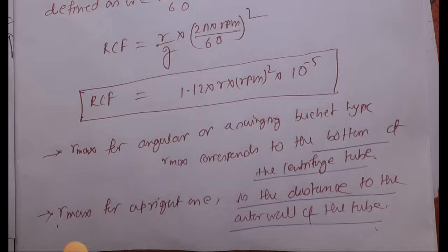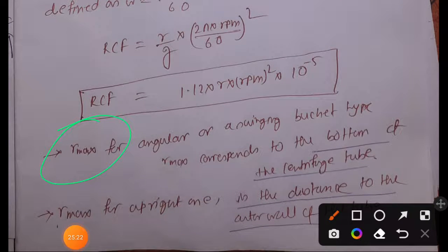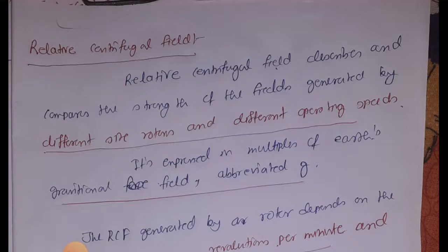Then we understood the Rmax concept: in case of an angular or swinging bucket rotor it is the distance from the center to the bottom of the tube, and in case of the upright one it is the distance from the center to the outer wall of the tube. So that is the concept behind relative centrifugal field.